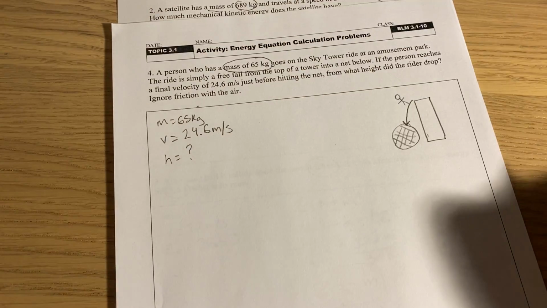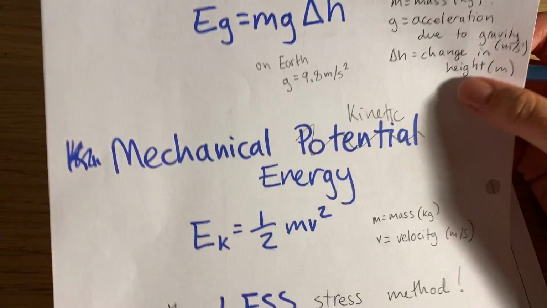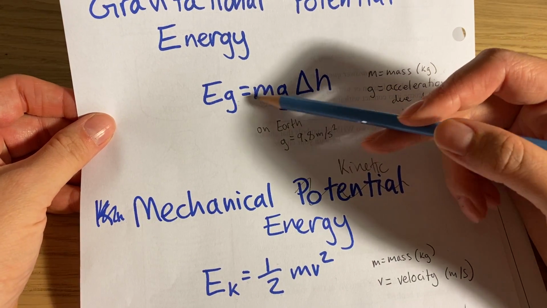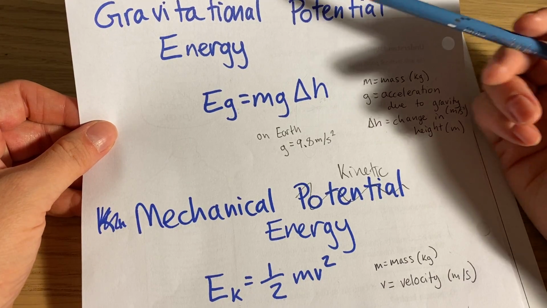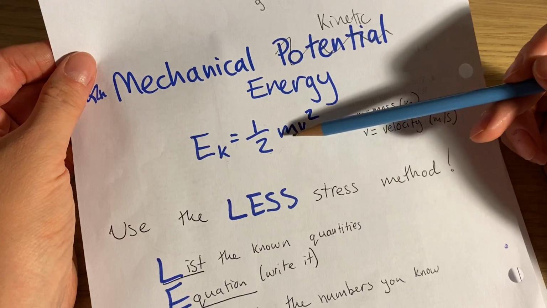Now, the reason I said this was a tricky question is because in order to calculate the height, you need the mass and the gravitational potential energy, and you don't have it. What you are given is the velocity.